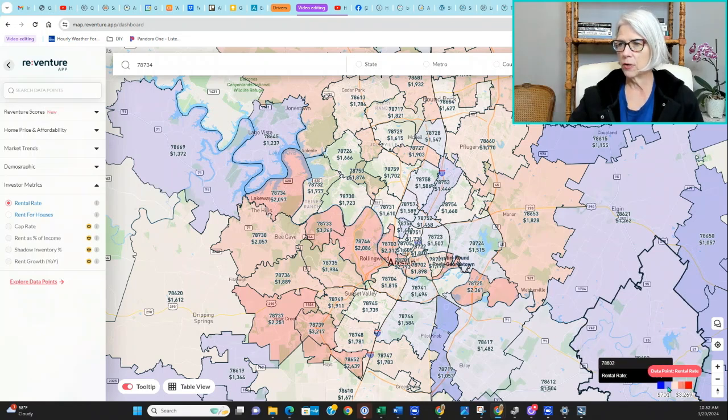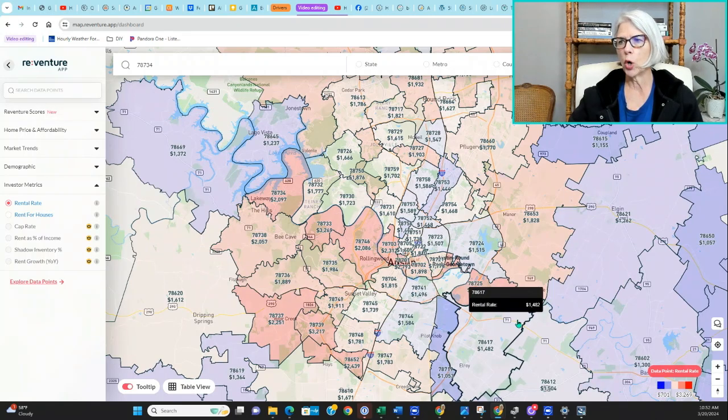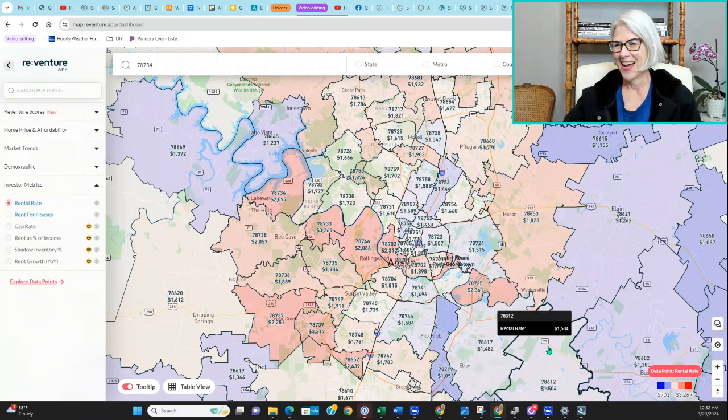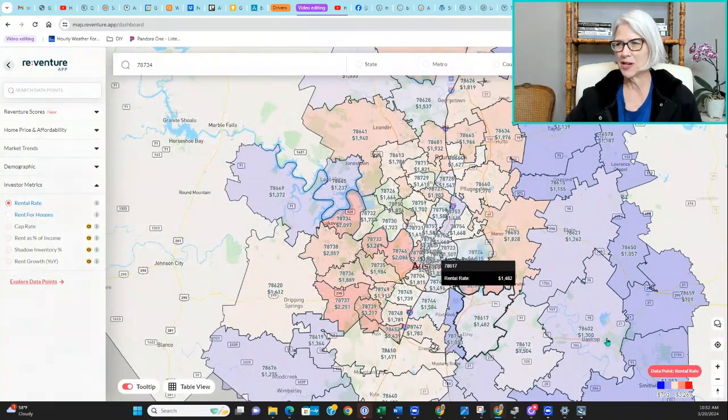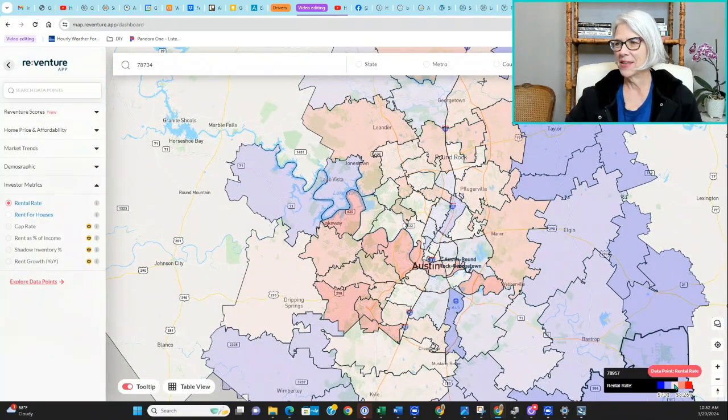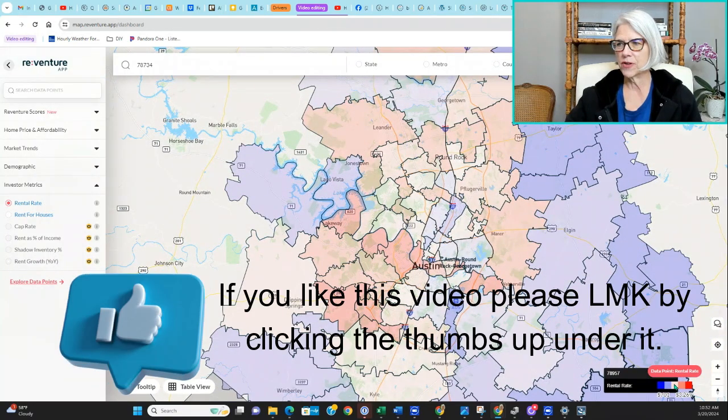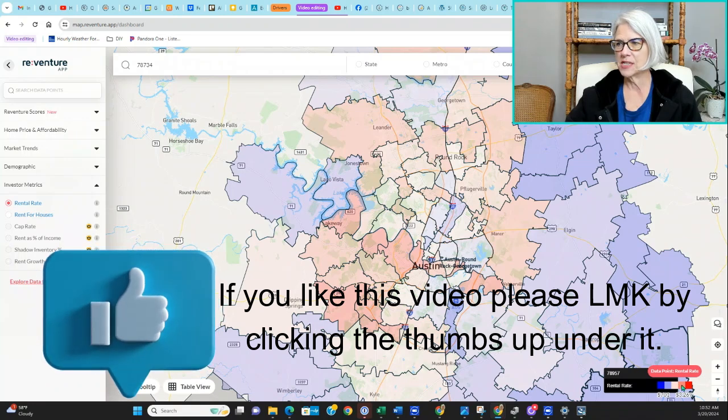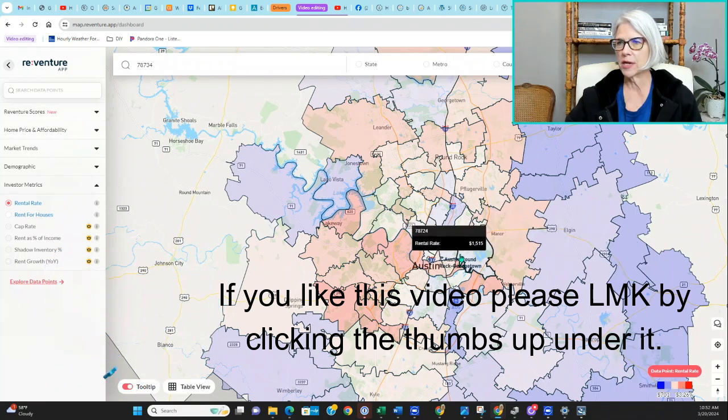So, for example, as I said, I'm in the Austin area, and we can see this little scale over here. Now, this is based on a national level. The purple indicates areas that are inexpensive. Maybe undervalued is too strong a word to use here. Less expensive for the Austin area. And then the light orange is sort of in the middle, and the deeper orange is more expensive areas.